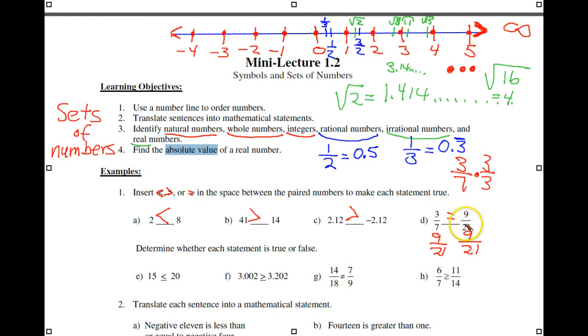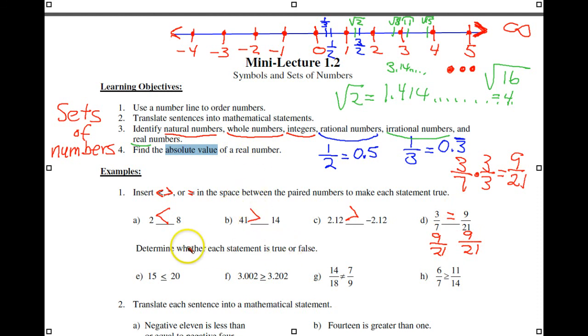Now, they didn't look like they were the same, but when we made them equivalent fractions by multiplying by a 1 in the form of a number that is the same on top and the bottom, so that we make our denominator the 21, that was the key to what we do here. We had to multiply this by a 3 to make it 21. Then we can compare them and we see they're equal.